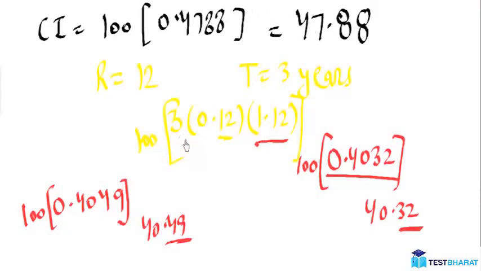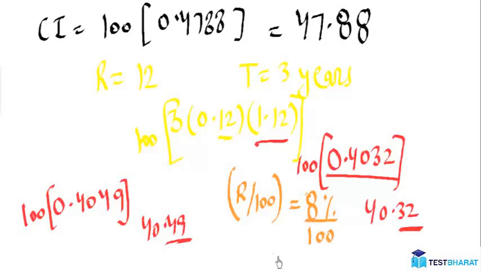So let's say this is one. We can do one more example. What you first have to do is divide my R by 100. Let's say my R is 8%, so R divided by 100 will be 0.08.